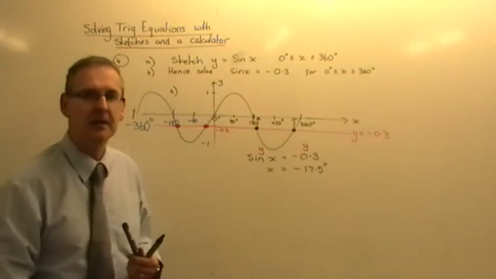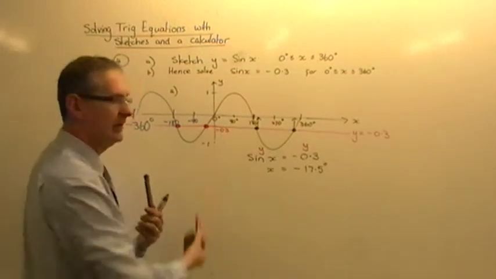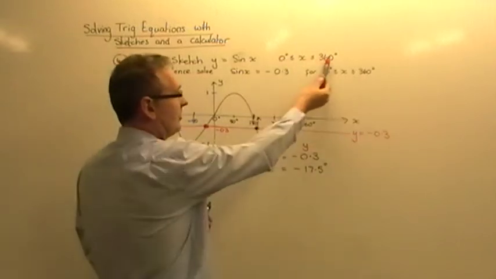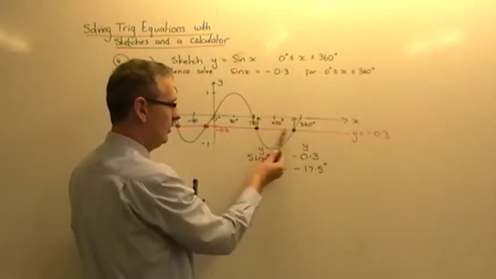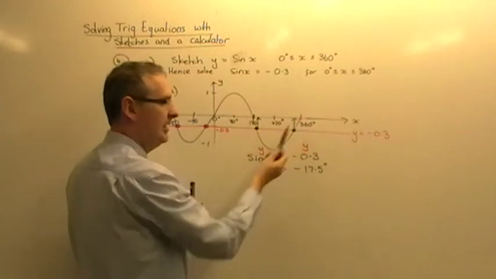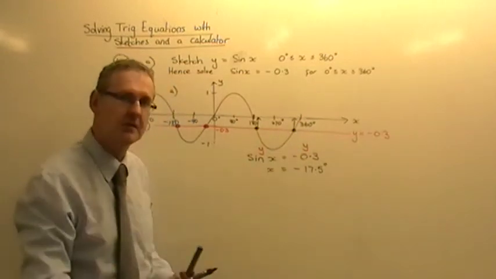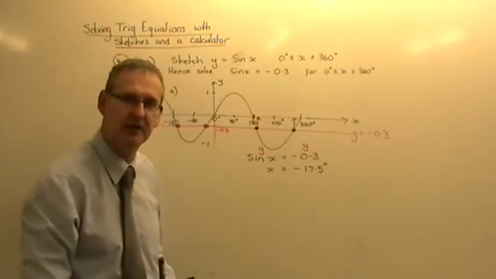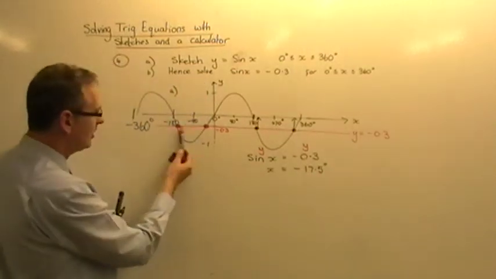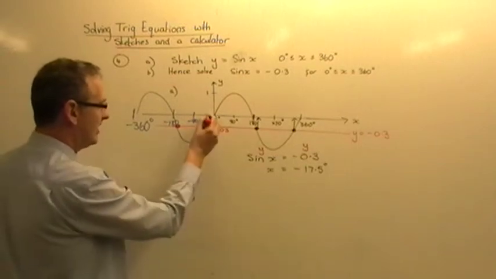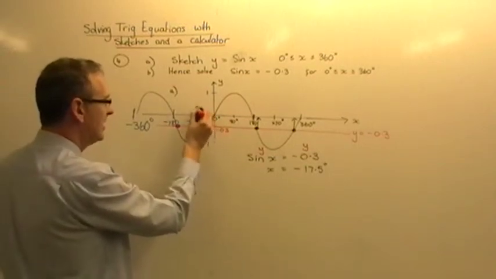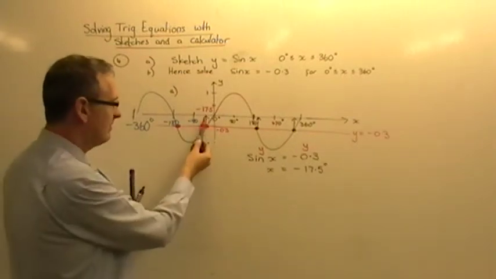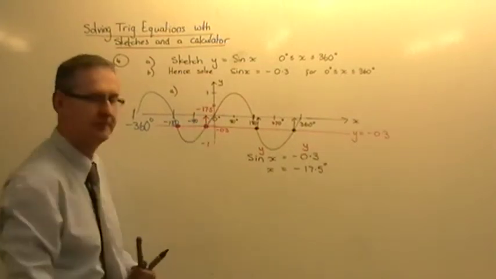But normally, because these angles are negative angles, we wouldn't bother drawing the picture because the range is 0 to 360. I'm only concerned with the ones that lie in this part of the picture. However, because the calculator is giving minus 17.5 as your answer, what you need is to look at these negative angles and realise that that answer there is the one that the calculator is actually quoting you, which is minus 17.5.